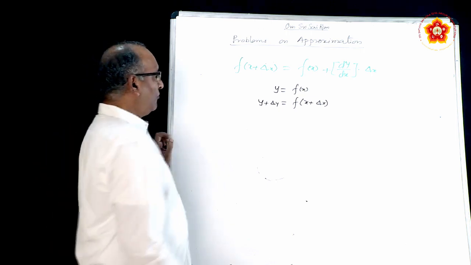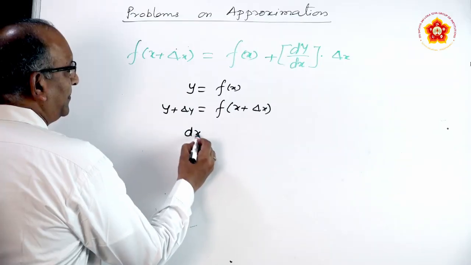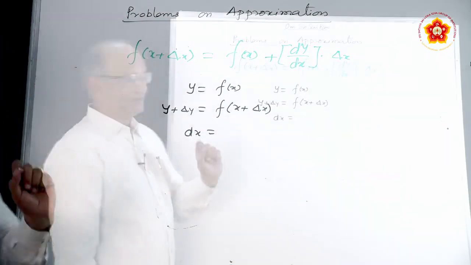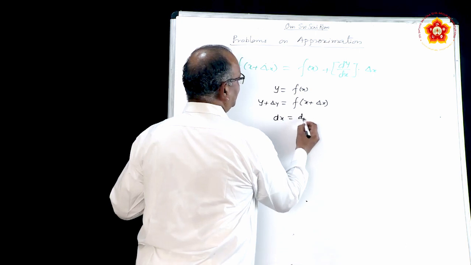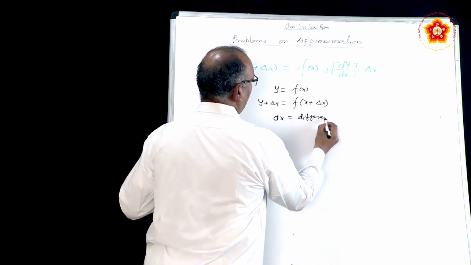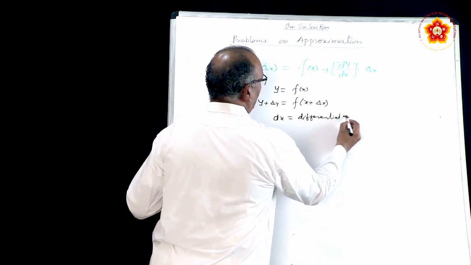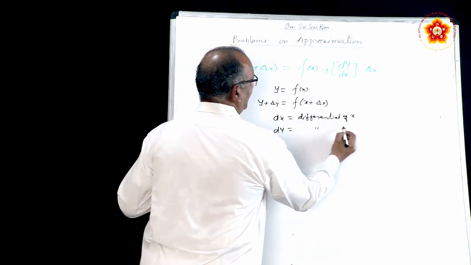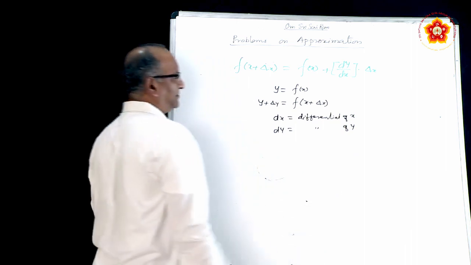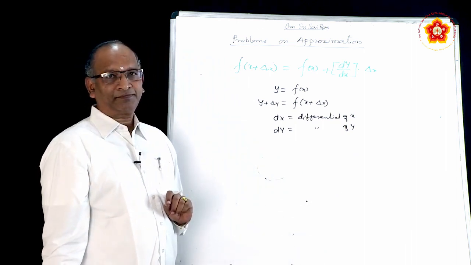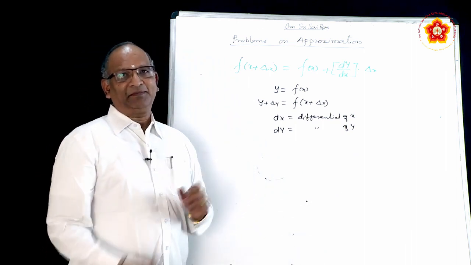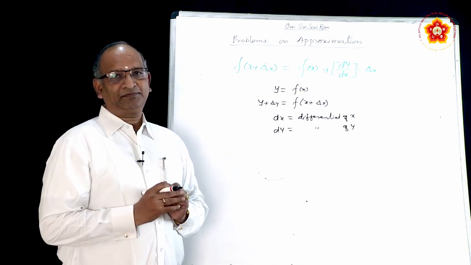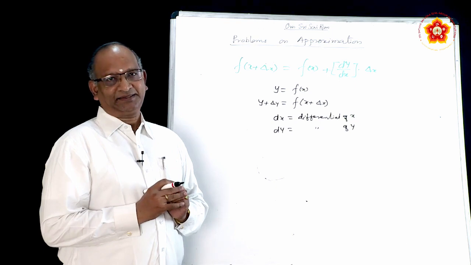Then what is dx? Dx is nothing but differential of x. In the same manner, dy is called differential of y. Recollect the diagram. In the diagram, there was a secant and there was a tangent.